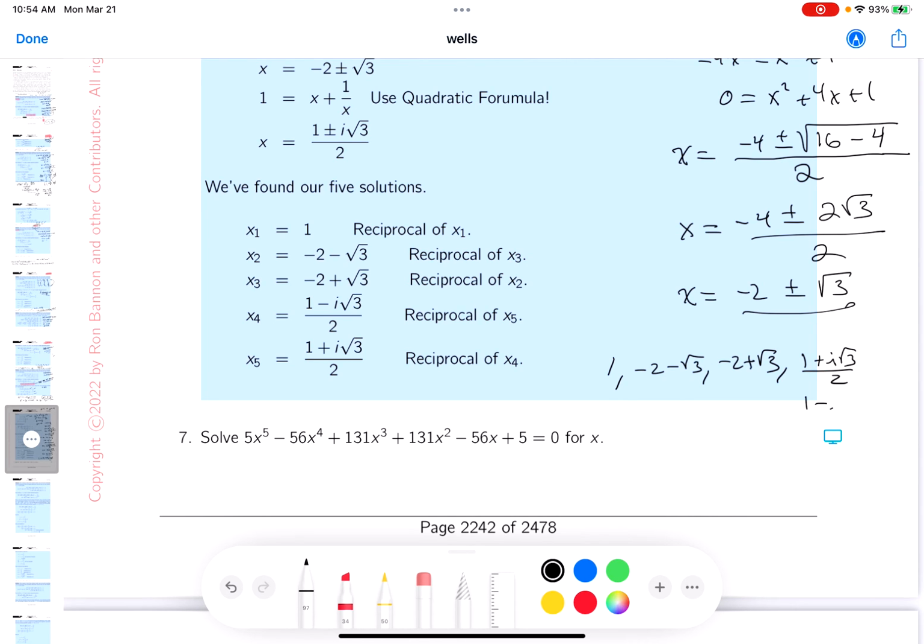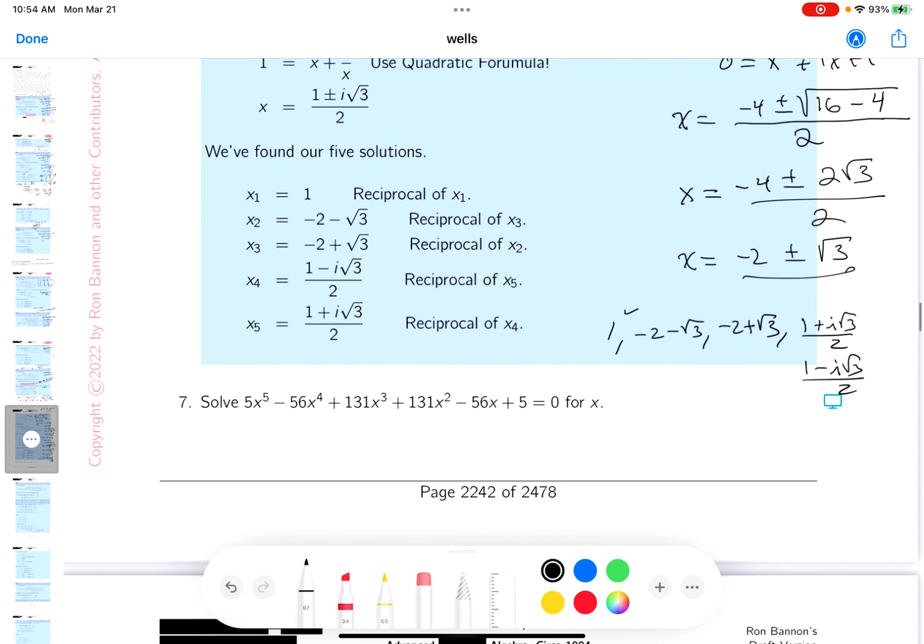And the other one was 1 minus i root 3 over 2. The reciprocal of 1 is 1. The reciprocal of this one over here, and we've done these before, is going to be this guy. And the reciprocal of this one is going to be this one. The reciprocal of this one's going to be that one, and the reciprocal of this one's going to be that one over there. The reciprocal relationships. All right, so we got what we were expecting.